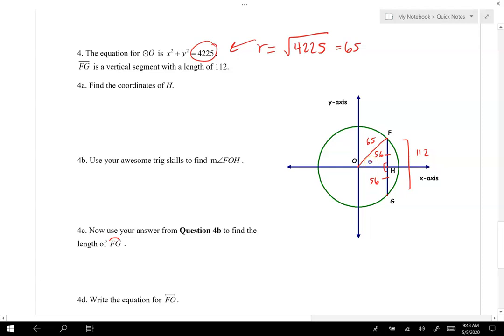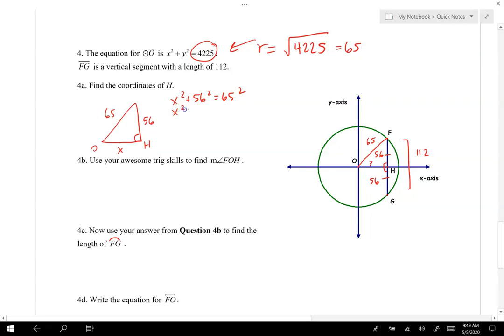So in order to do that, I actually need to find out what that length is for segment OH here. And if you look, you have a right triangle already, and so you can use Pythagorean theorem for that. So x squared plus 56 squared equals 65 squared.